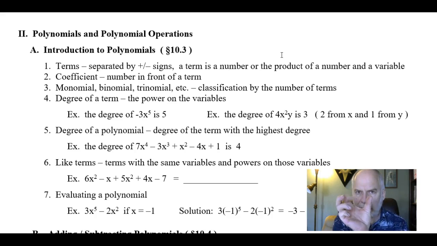So if you see two expressions with a plus or a minus sign in between them, then there's two terms for that polynomial. A term is a number, or the product of a number and a variable. Even if you had just x, that's a term, because you could write it as 1 times x, 1x. But usually it's something like 5x squared or 7x, or it could be just a single number like 2. That's a term. Now, the coefficient of a term is the number in front of the term.